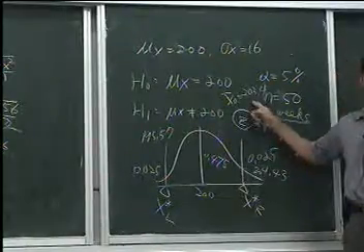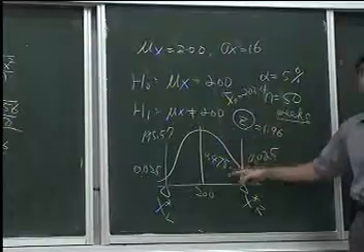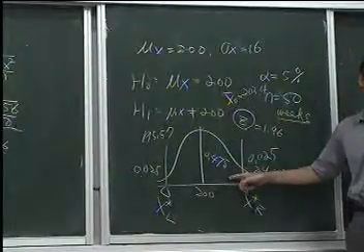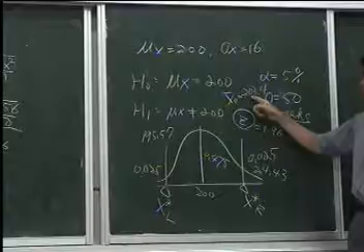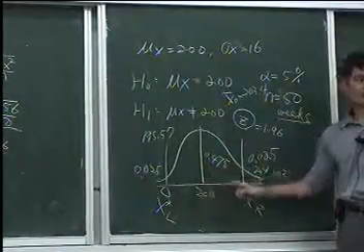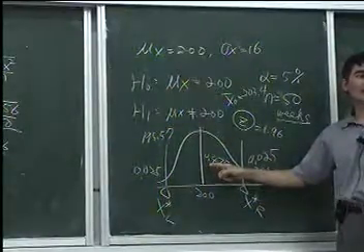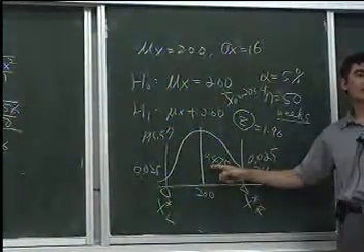So in this case, what should we do? Should we accept H naught or reject H naught? Because this value is actually within this area, you should take action A naught.